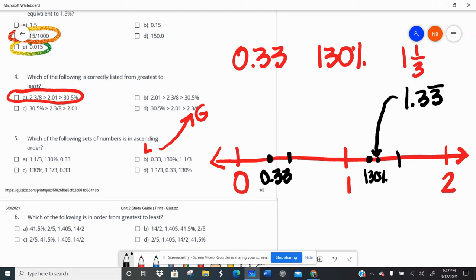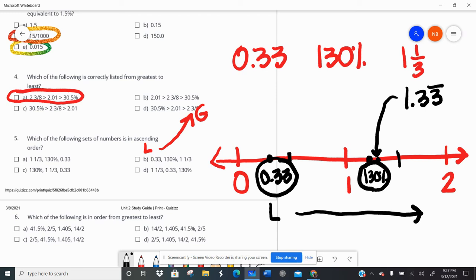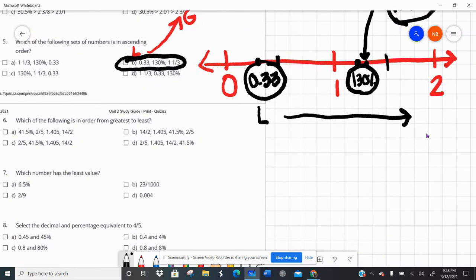If I want to go in ascending order, least to greatest, I start at the left and then get bigger as I move to the right. So 33 hundredths would be first, then 130%, then 1 1/3, which happens to be B. So I'm just using that strategy to estimate about where it should be on the number line to figure out which one is correct. Woo!